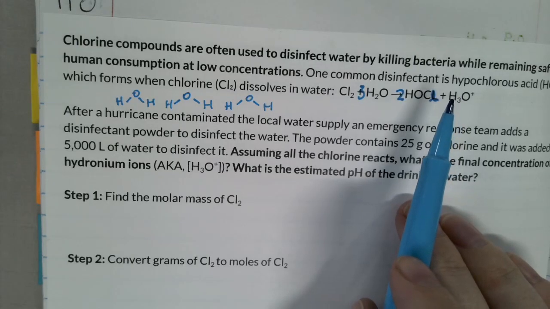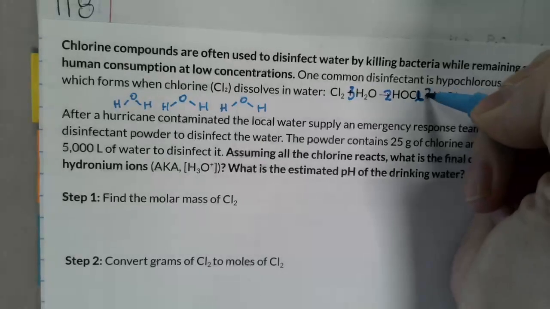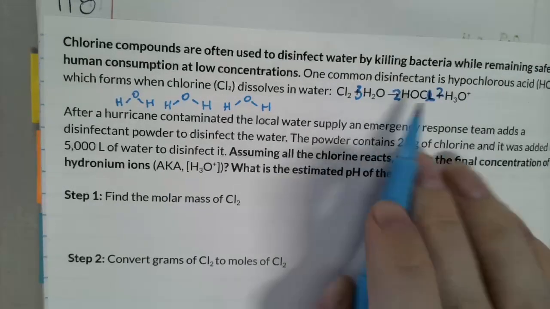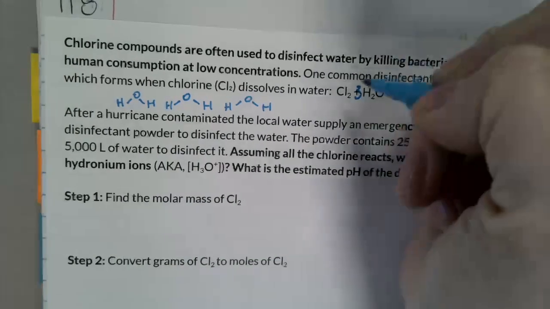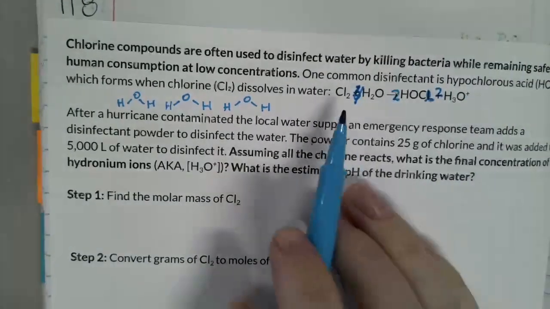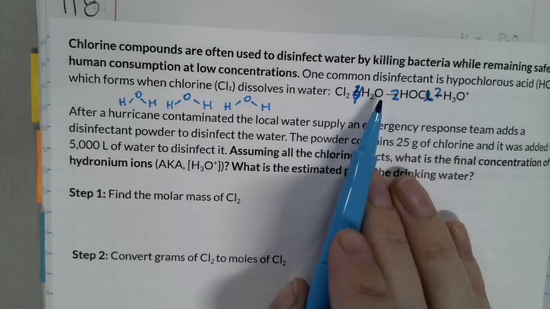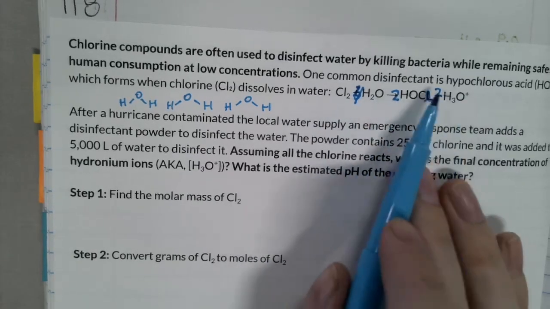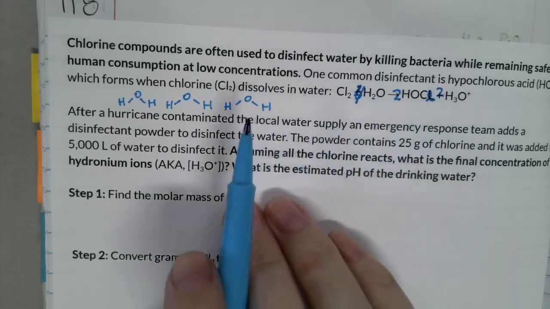If I put a 2 here, now I've got 6 plus 2 is 8 hydrogen. We're going to have to do the 4 anyway. So we've got 4 of these, so that's 8 of these, 8 of those. 4 oxygen, 5, 6 oxygen. Oh, bugger, this one's really obnoxious.